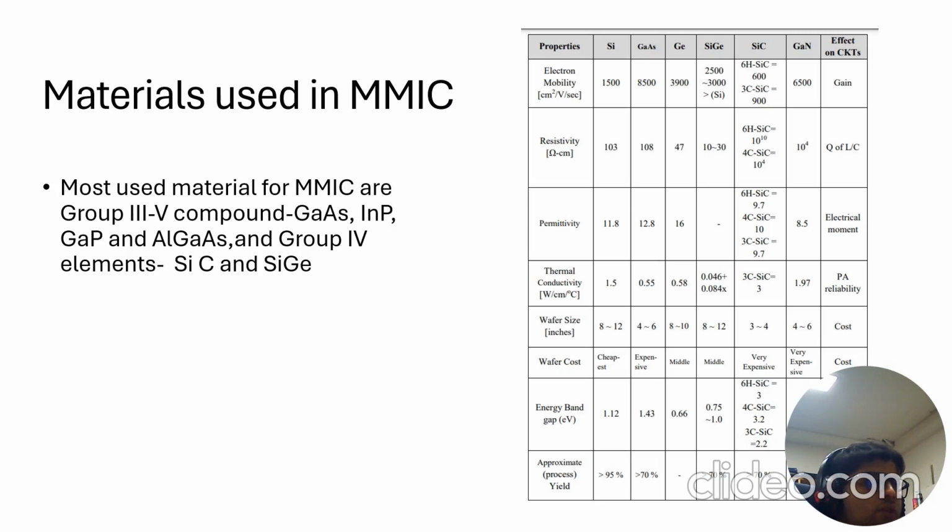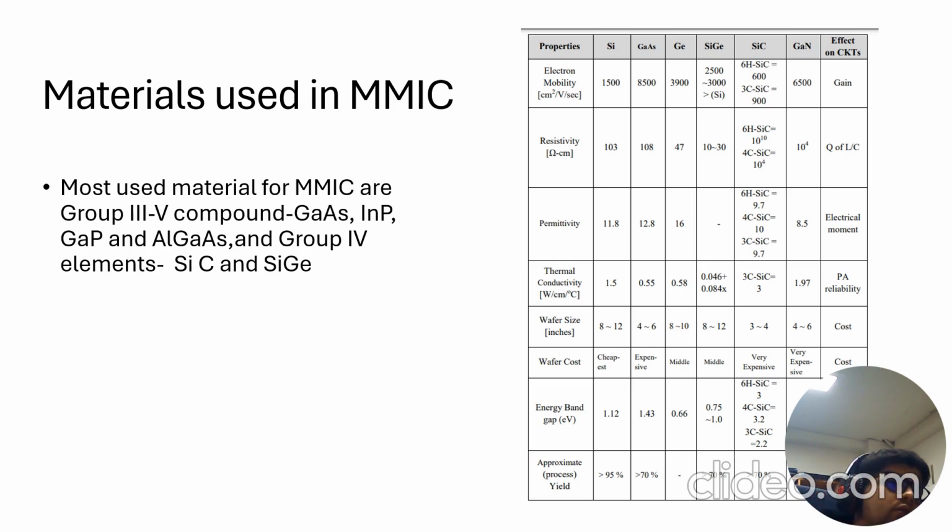The materials most commonly used in MMIC are group III-V compounds, which are gallium arsenide, indium phosphide, gallium phosphide, and aluminum gallium arsenide, and also group IV elements, which are silicon compounds and silicon germanium.